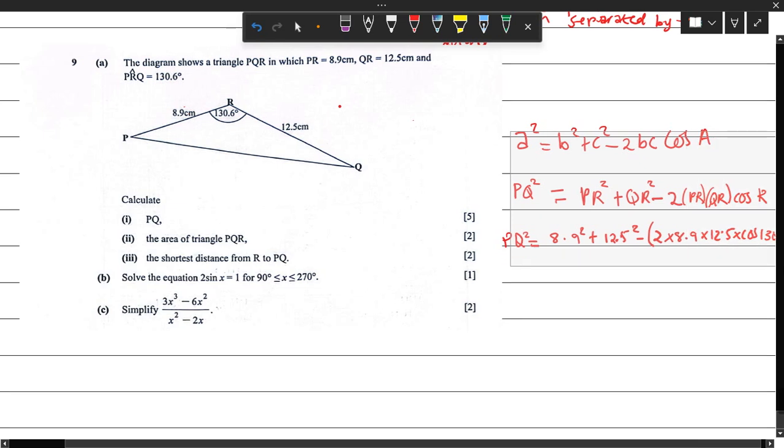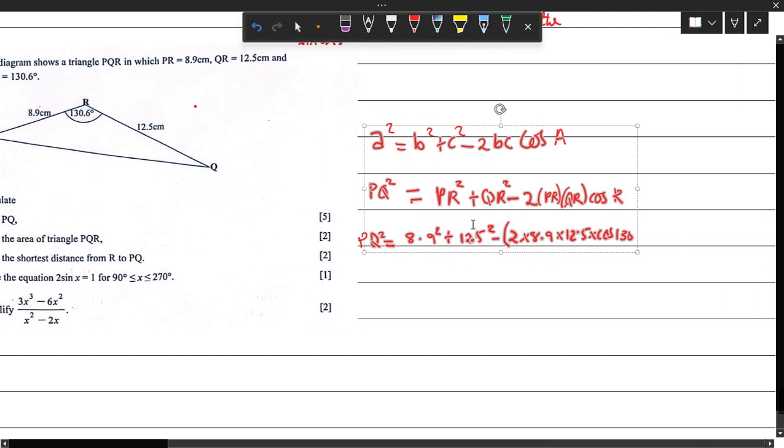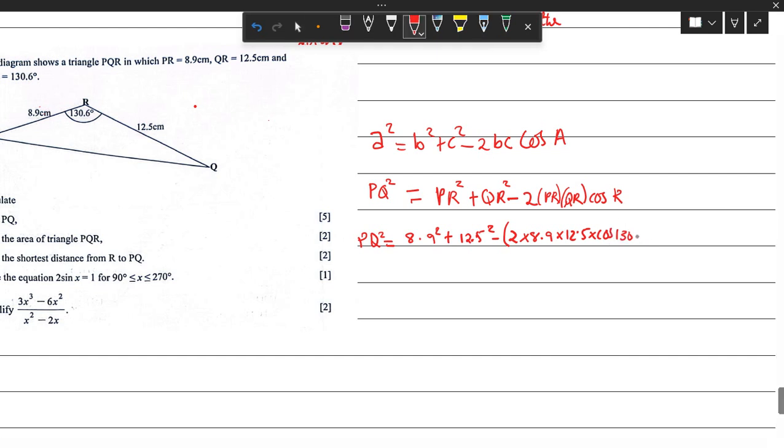The angle is 120.6 degrees. Follow my steps nicely, don't skip anything.